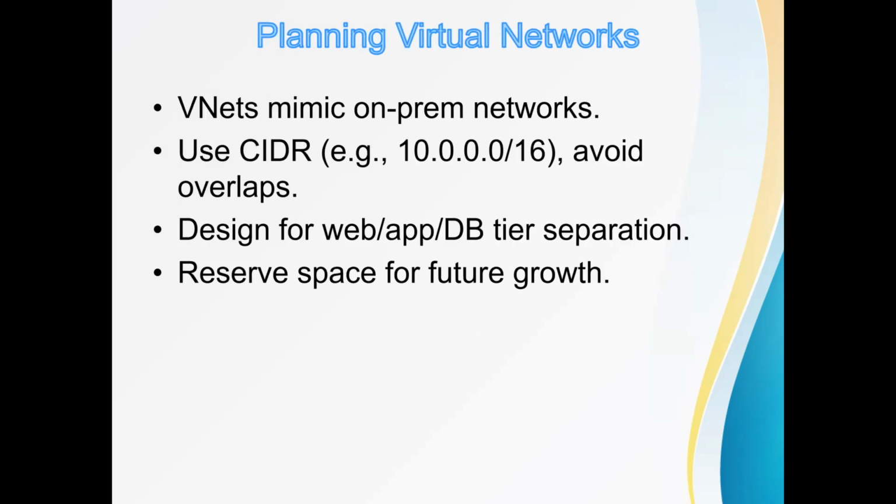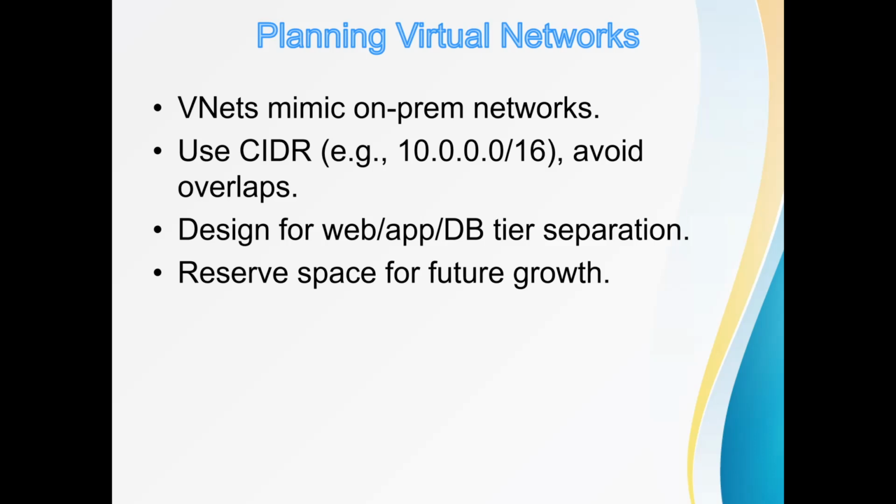Planning for virtual networks. VNets mimic on-prem networks; we can consider it an on-prem network which we want to mimic on the cloud. It uses CIDR, which is a range of IP addresses. So it uses CIDR blocks for each virtual network.